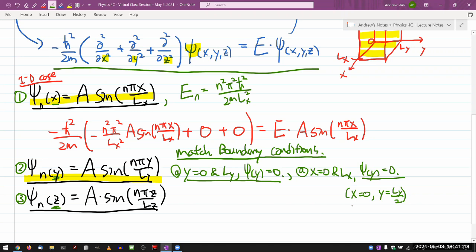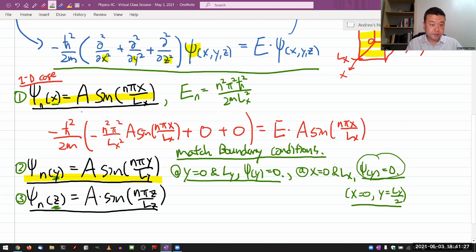And at this coordinate point, this is not guaranteed. So these solutions that I was proposing cannot be used to match boundary conditions. So you cannot propose any one of these individually as a possible solution to this three-dimensional Schrodinger equation for the particular scenario we are working on.